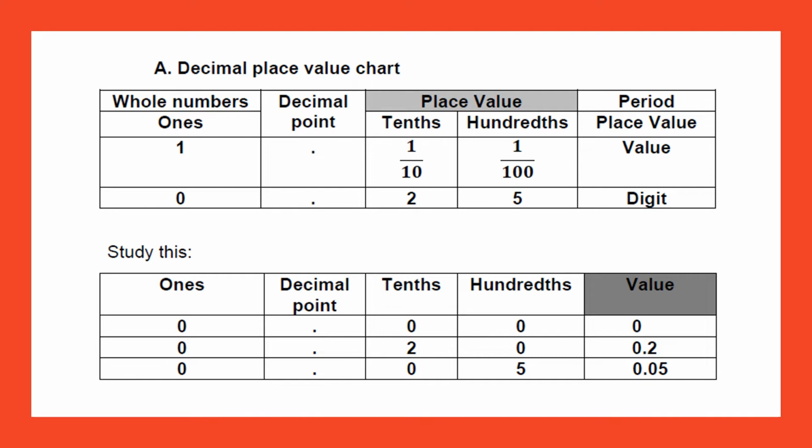When we write 25 cents or 25 hundredths, it is 0.25. So let us break it down by putting each digit into its place value. First we have 0 in ones.